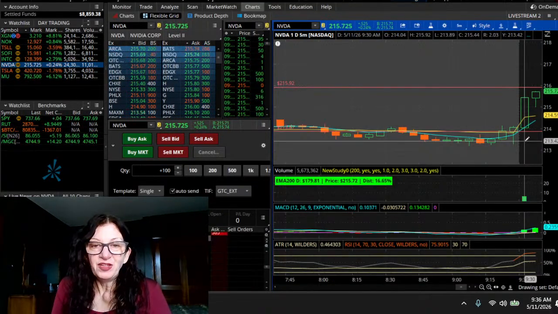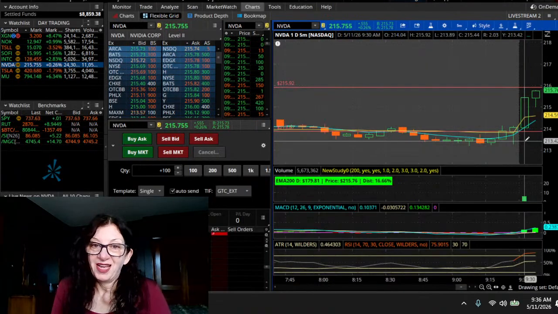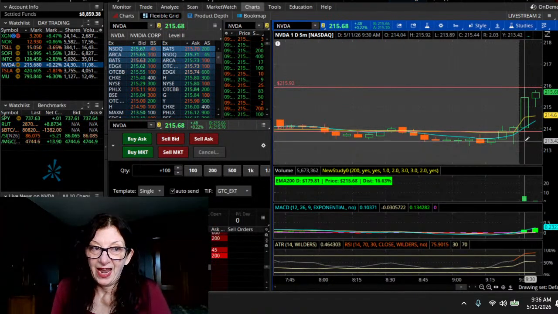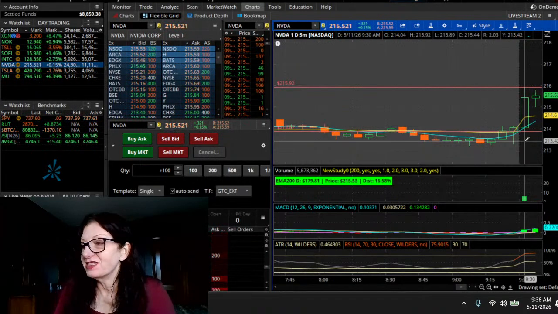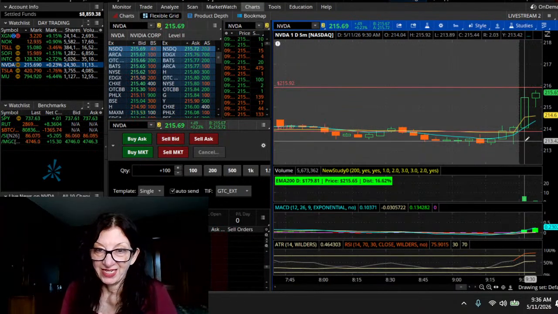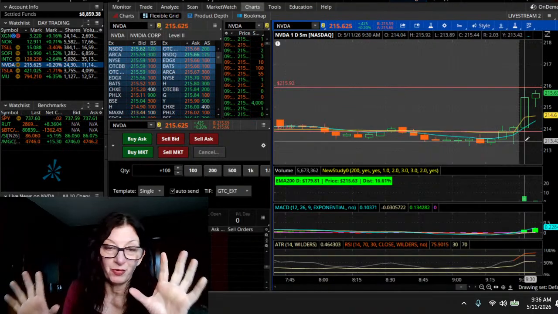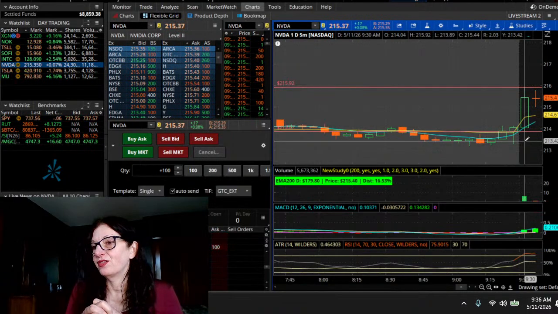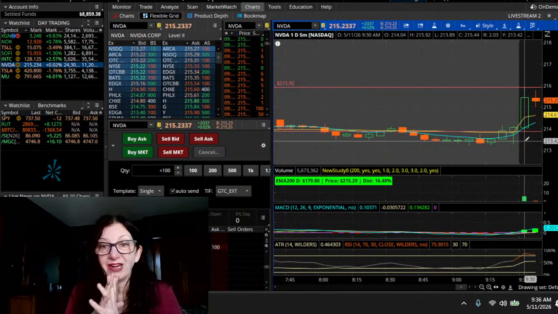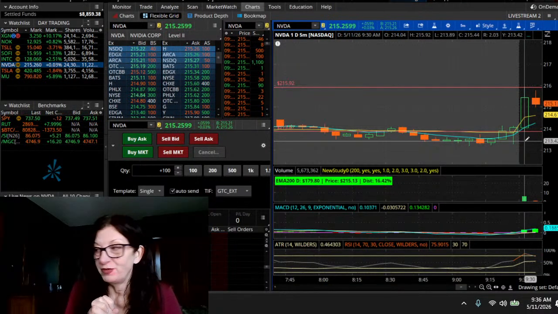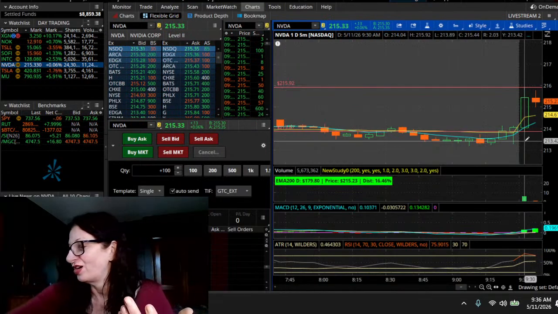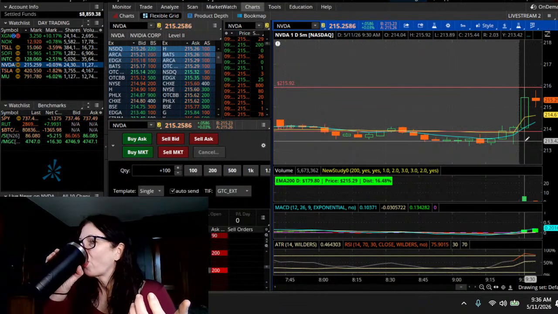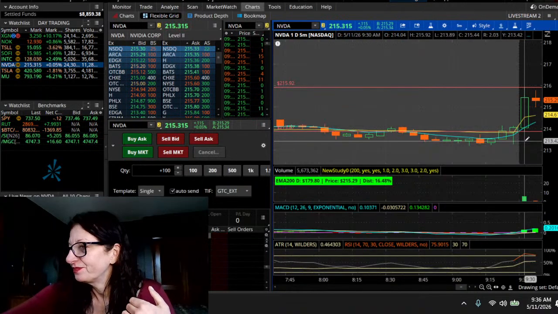I feel like it's more about the price action than anything else for me, and more about the share price and the volume, because the share price determines how much risk I can take or how much exposure to the market I want to take on. And the price action and the volume determine where the opportunities are.